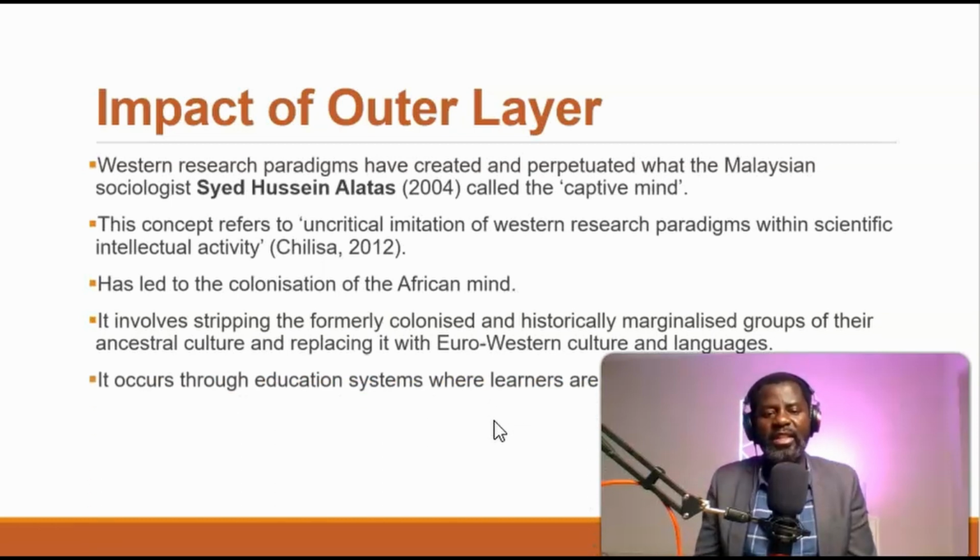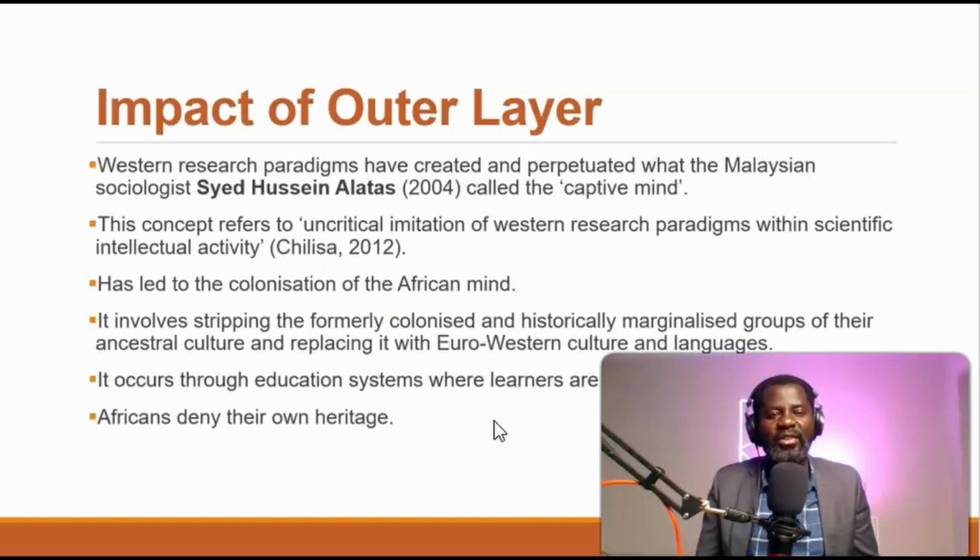And you can see that this is very prevalent in education systems where learners are actually taught in foreign languages. This is why we've got countries which were colonized by Great Britain using English as a formal language, used in administration, formal language used in education. Africans, as a result, begin to deny themselves even their languages.